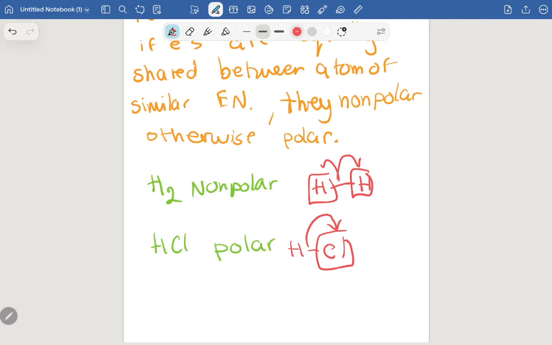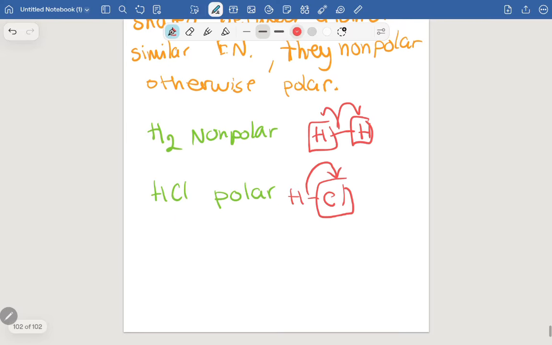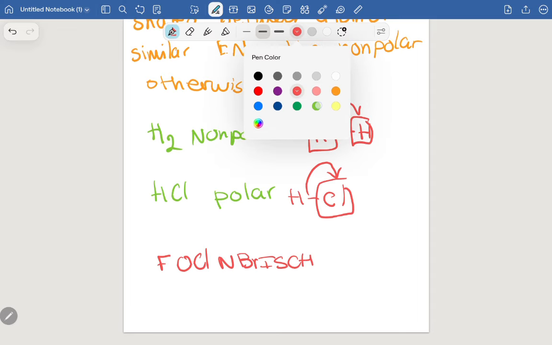How do we know if one element is more electronegative than the other? Of course, as we go across the period, it's more electronegative. Down the group, it's less electronegative. Or you could memorize this, Falkland-Birch. So Falkland-Birch helps us to see which is most electronegative. Here is the most electronegative, and here is the least electronegative.